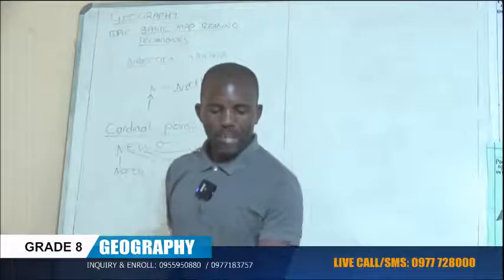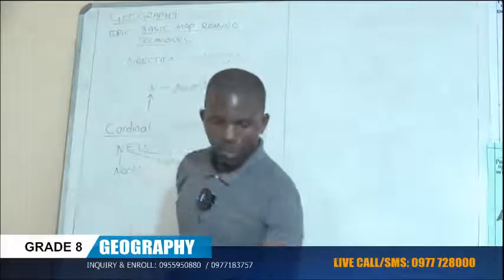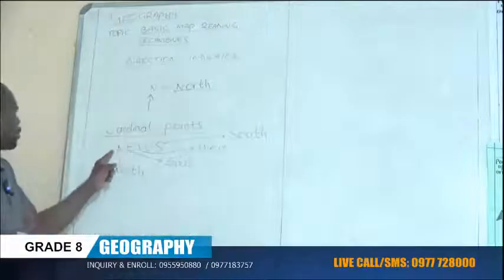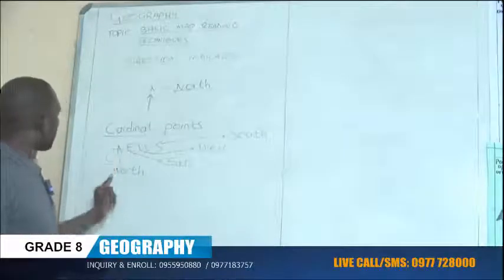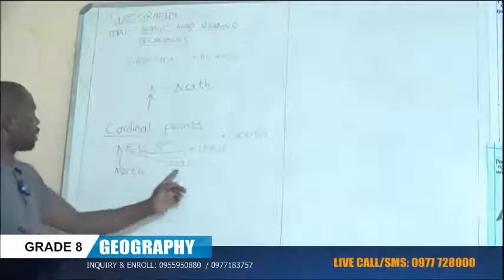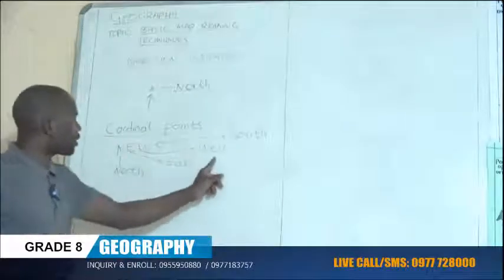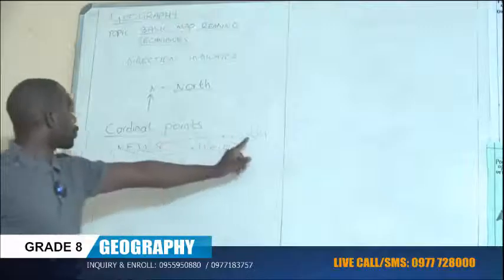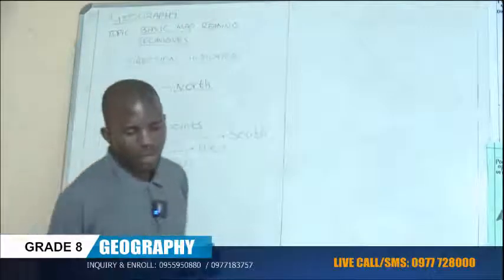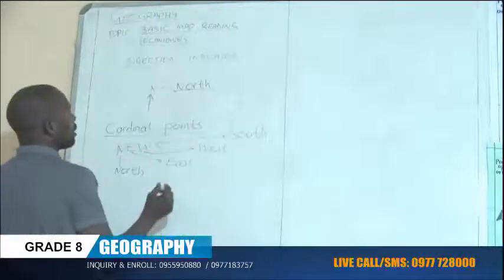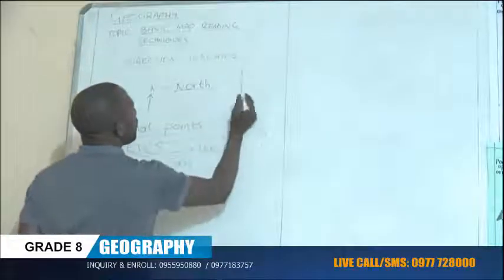Now, away from that, I want us to also look at this NEWS, N for north, letter E for east, we're talking of directions, letter W for west, and letter S for south. Now, these other points, like the point between the north and the south, let me do it this way.